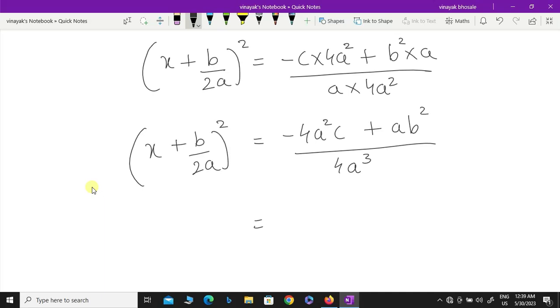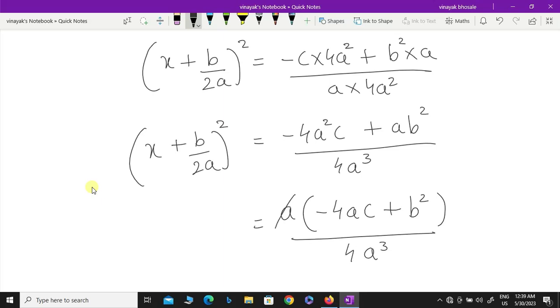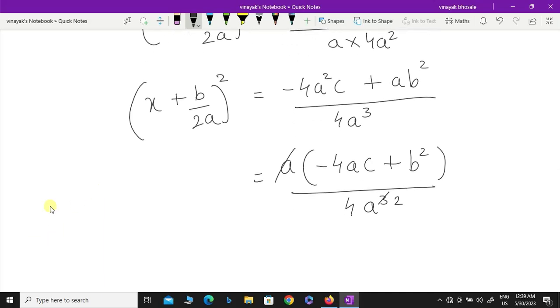All right, so now here in this term, we will take a common. So a, and I'm going to write minus 4ac plus b squared, and I'm going to write 4a cubed. So this a and one a from this cube is going to get cancelled, and it's going to be 4a squared, and this term will stay as it is. So x plus b by 2a whole squared.